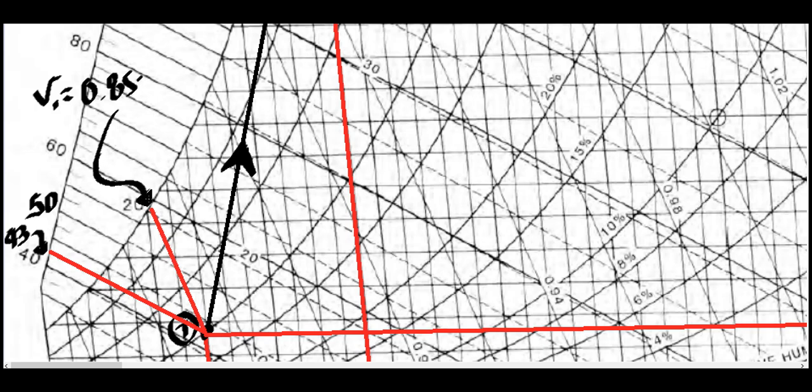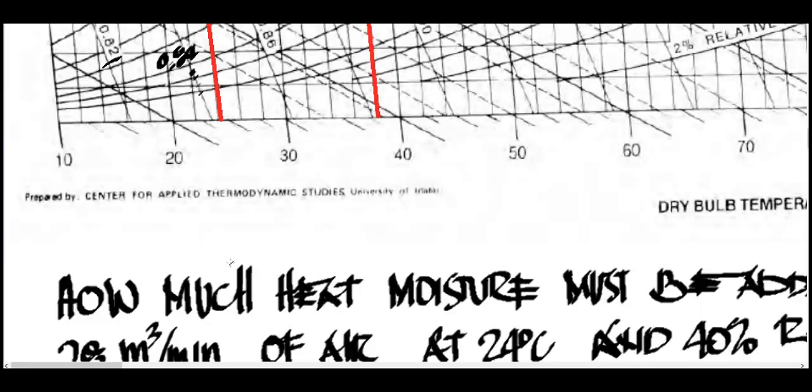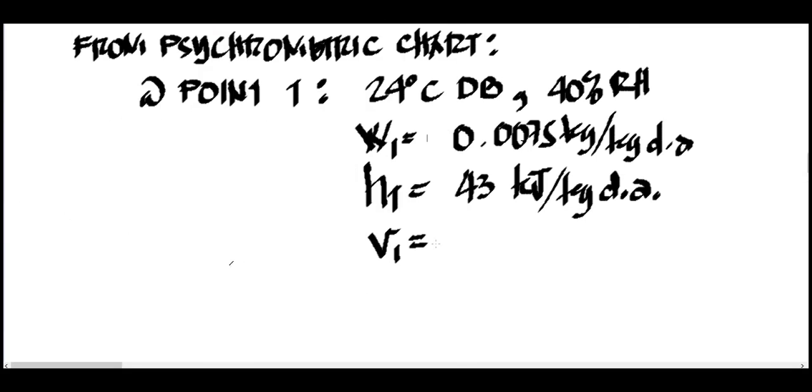So this is now your specific volume of 0.85. Mapansin nyo, we have 0.82, this is 0.84 yung line na ito, then we have 0.86. So in between, we have 0.85. So that will be cubic meter per kilogram dry air.